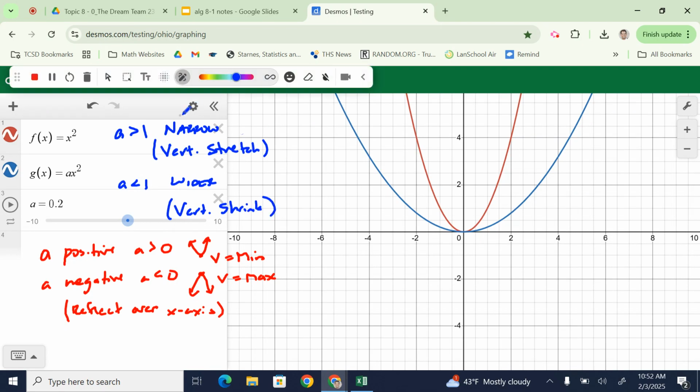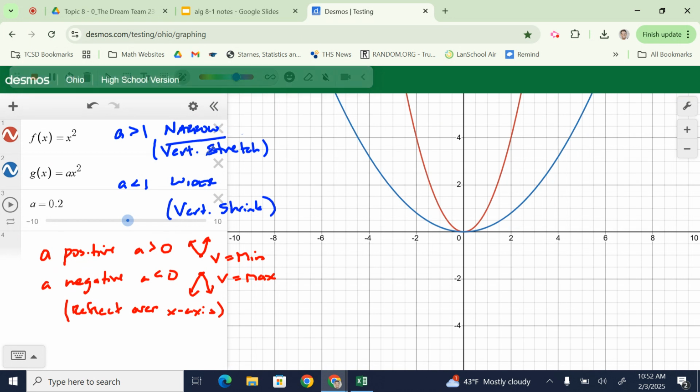For us, we will use the words wider or narrower. So again, a positive up, a negative down. a greater than 1 narrow, a less than 1 wider. 4 things you have to remember.